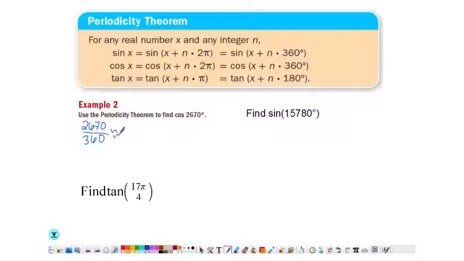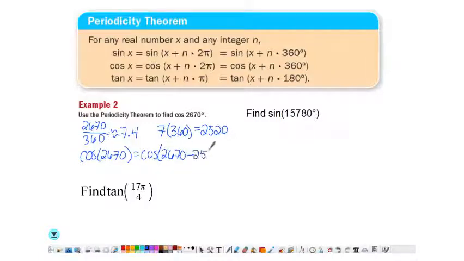Okay, so that's approximately 7.4. So that means I can take out 7 multiples of 360. So 7 times 360 is going to give us 2,520. So to find the cosine of 2,670, that's the same thing as finding the cosine of 2,670 minus 2,520.